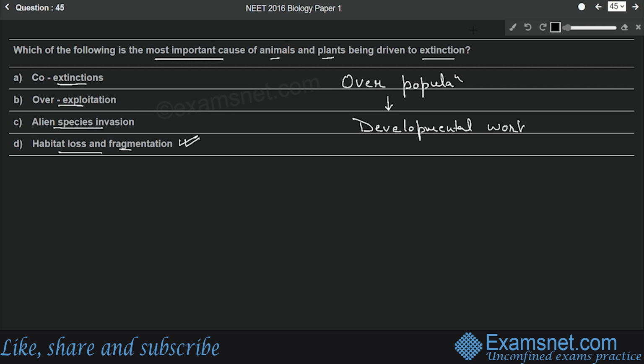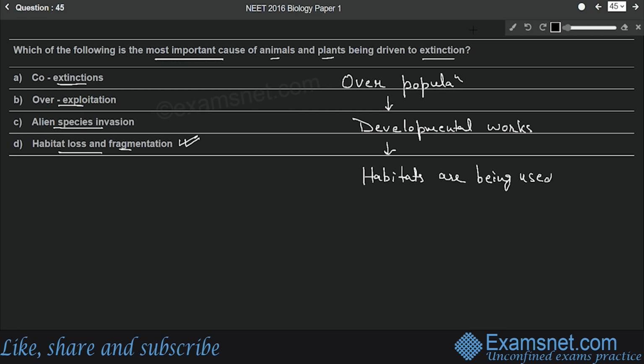For example, constructions of roads or buildings, etc. And how do we construct them? By eliminating the forests, right? Because there is lack of space, so forests are being eliminated, or you can say habitats are being used.